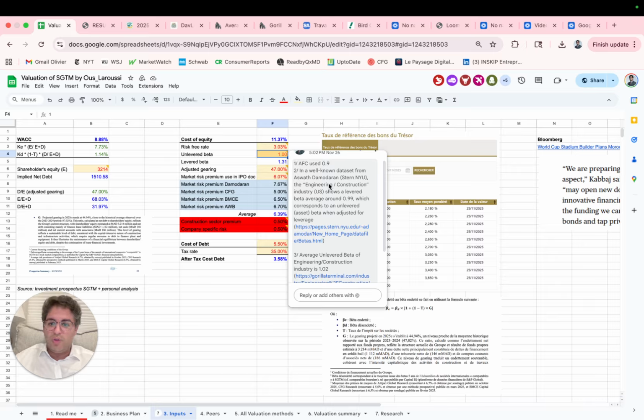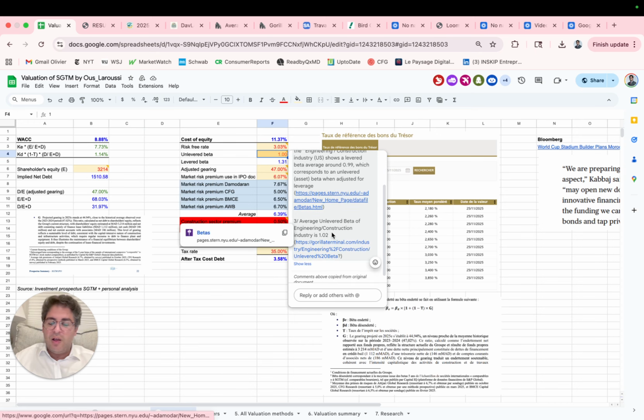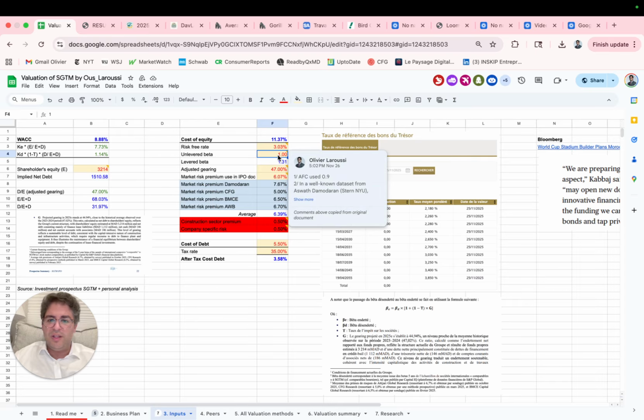So what I'm also trying to do here is find an unlevered beta that is more appropriate. So I just took the unlevered beta that is mentioned by Damodaran, which is 0.99, and also took an average unlevered beta of the engineering and construction industry, which is around 1.02, and then I just decided to take it at 1 instead of 0.9.